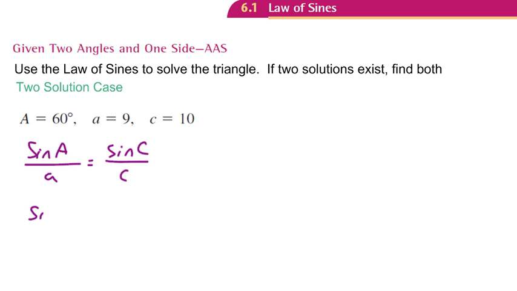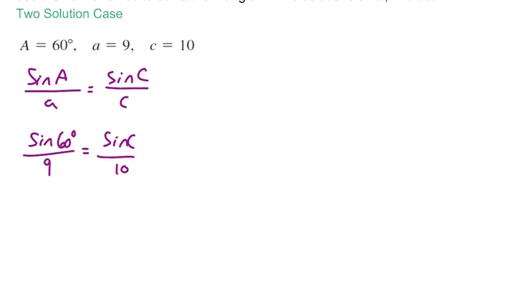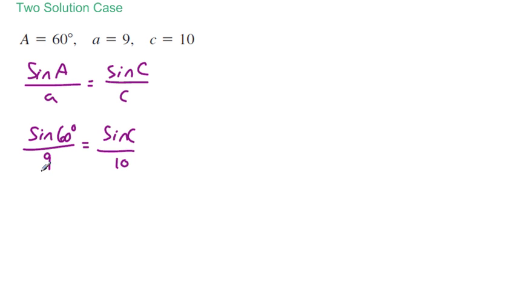So I'm going to have sine of 60 degrees over lowercase a, which is 9, equal to, we don't know what C is, so sine of C all over 10. Now to solve, we go ahead and cross multiply.